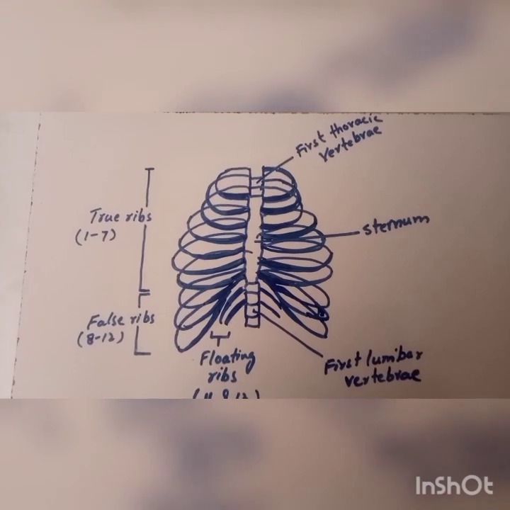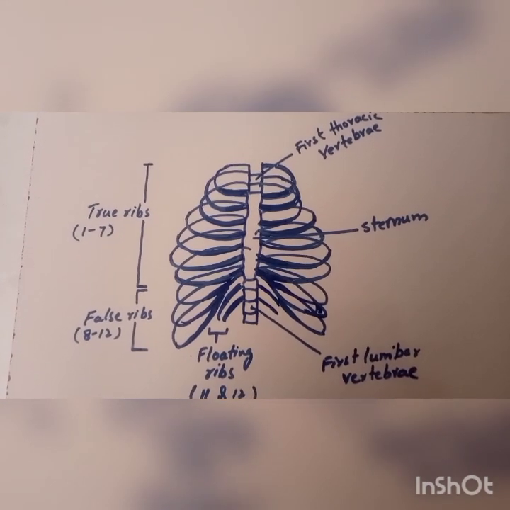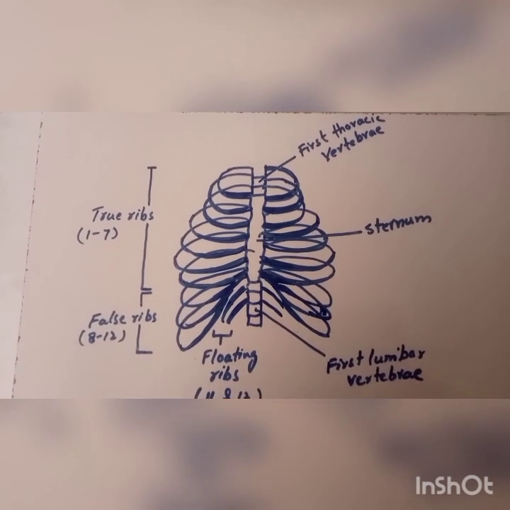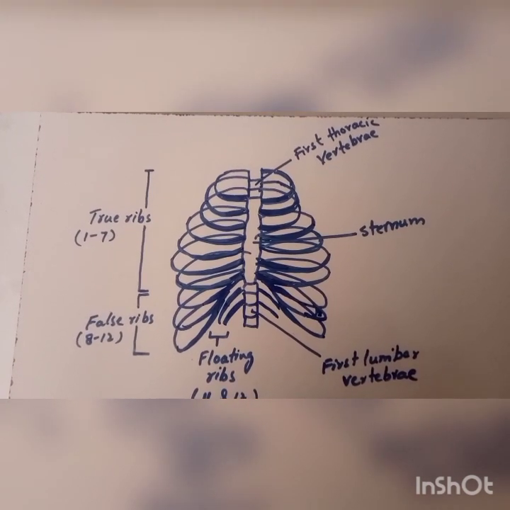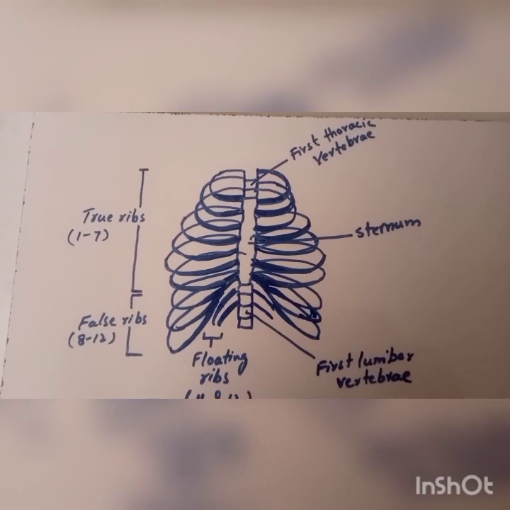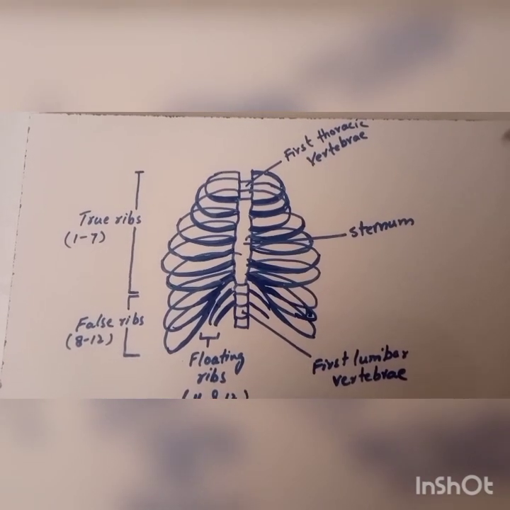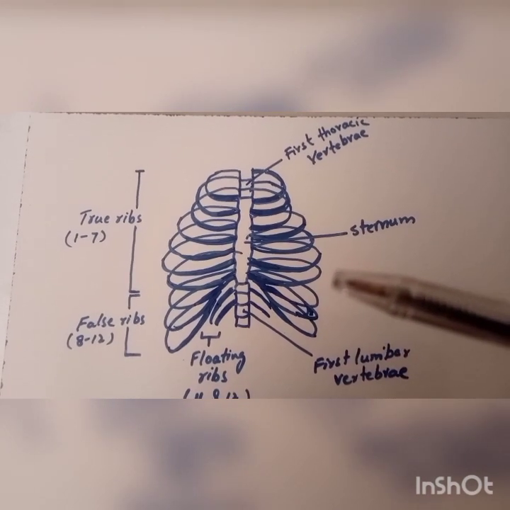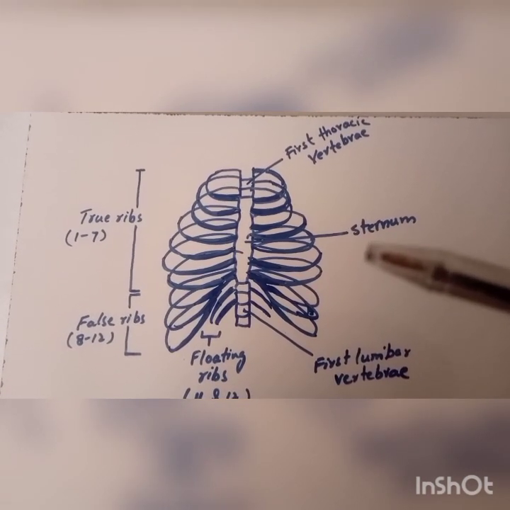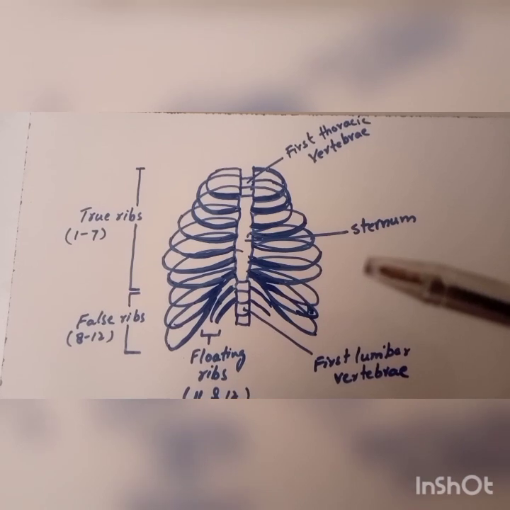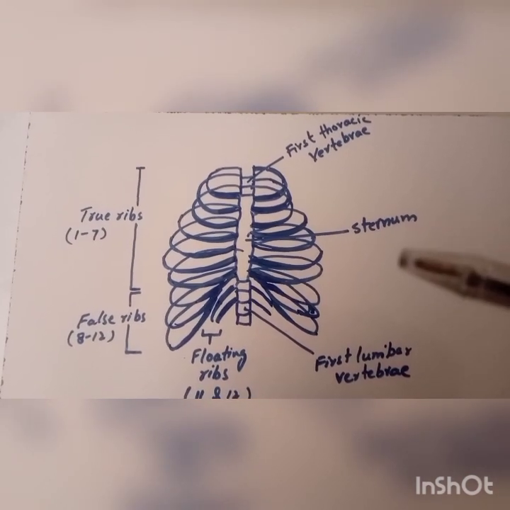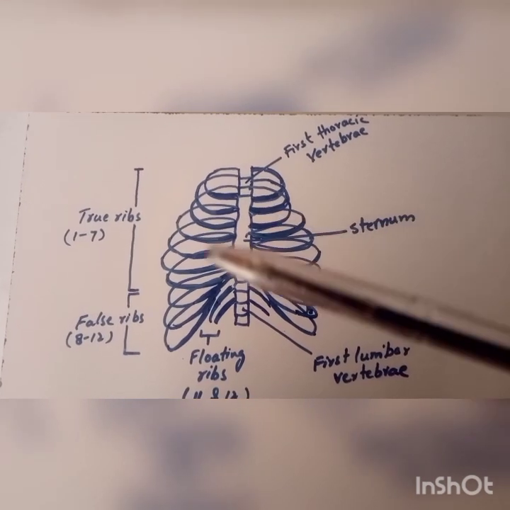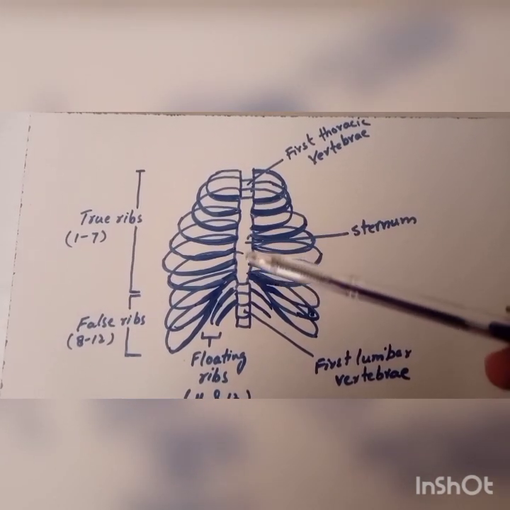Human ribs. In man there are 12 pairs of ribs, one pair articulating with each of the thoracic vertebrae, forming the cage that encloses the heart and lungs. 10 pairs of ribs are connected anteriorly with the sternum.